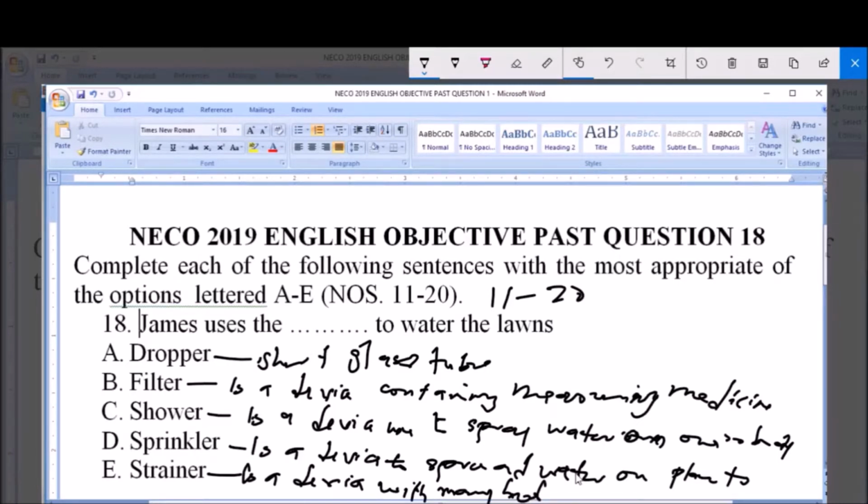So James uses the sprinkler to water the lawns. So option D is correct.